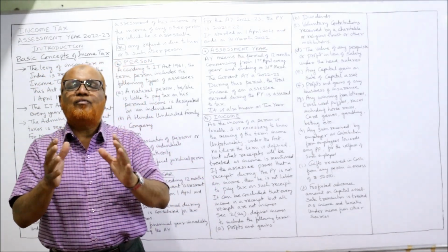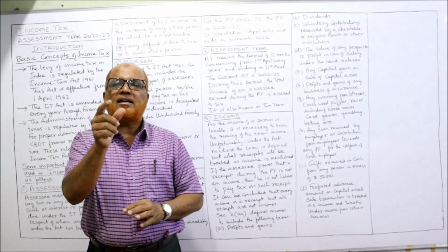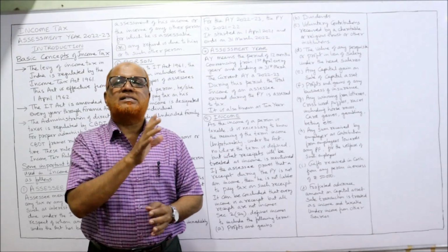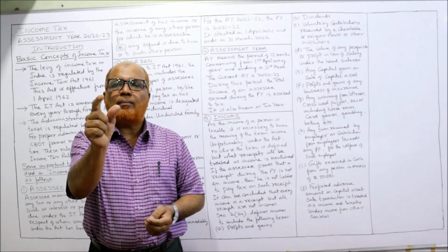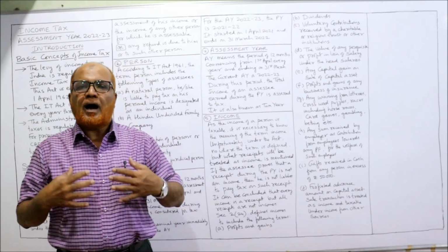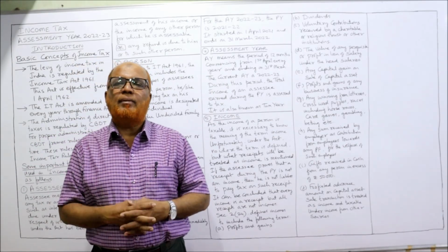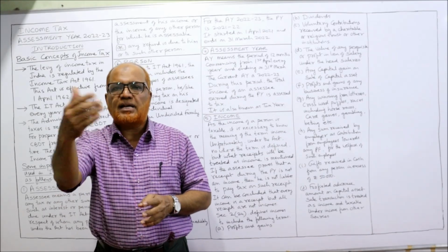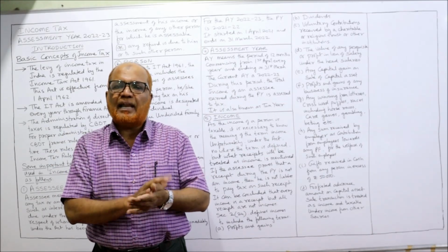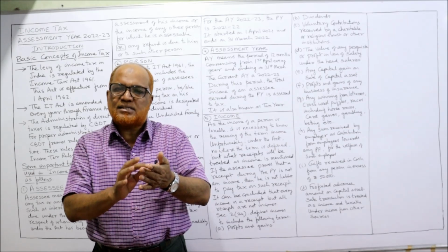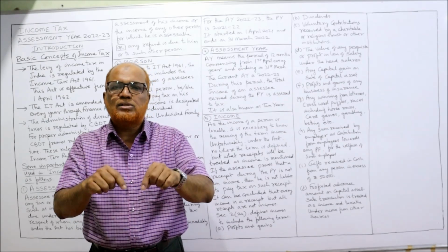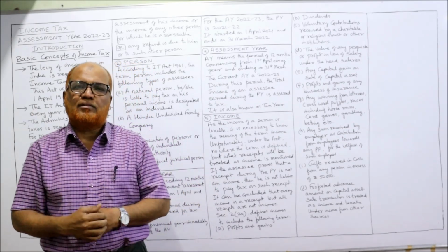Next, forfeited advance amount on capital asset sale transaction is treated as income and taxable under income from other sources. Amount forfeited on the sale transaction of a capital asset is also an income. Example, I entered into an agreement to sell my house to Mr. X for 50 lakh rupees. I agreed to sell the house after 2 months.